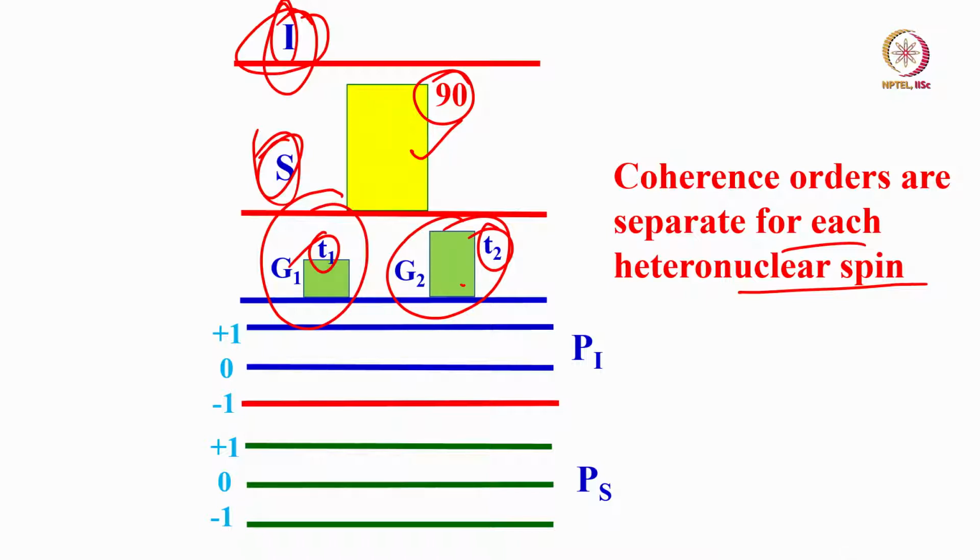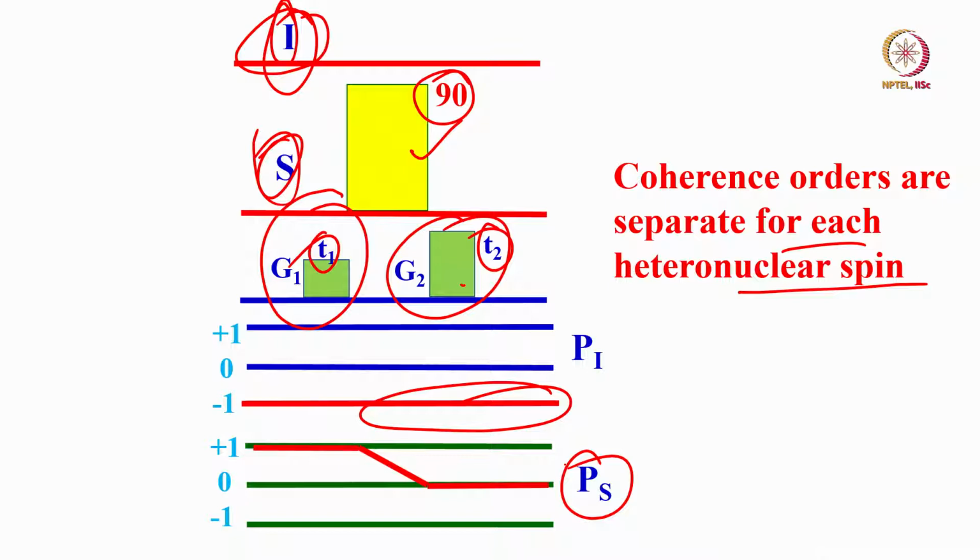In this case, since I have not applied any pulse on the I spin, I want only the -1 pathway. That is my detection. I want to detect, let us say, -1. If I detect the I spin, I look for the -1 pathway. So this is my pathway. And for the S spin, my pathway is +1 to 0.